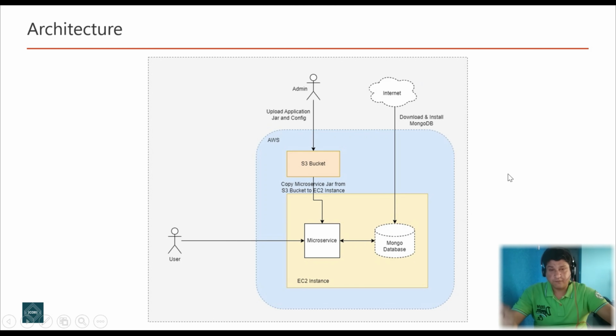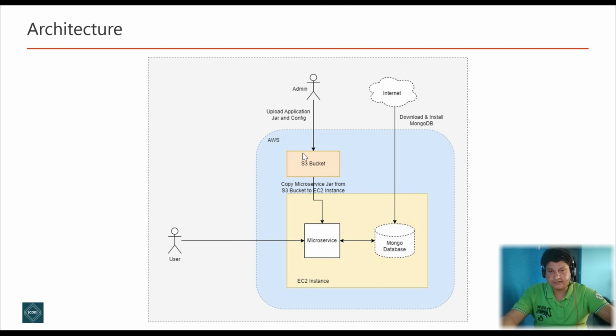Okay friends, before we proceed in this video, I want to show you what we are trying to do through an architecture diagram. Here, the blue area that you see is the AWS environment, right? And this pink color is the EC2 instance that we are creating now. In that instance, we'll be deploying our microservice and installing MongoDB. The microservice will be coming from our S3 bucket.